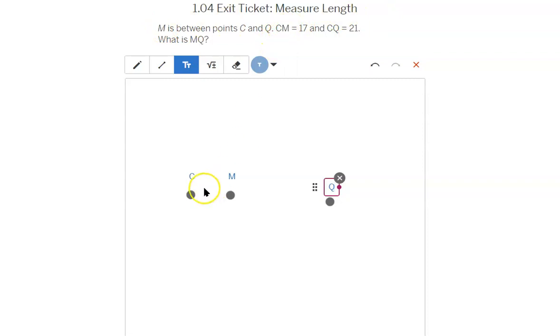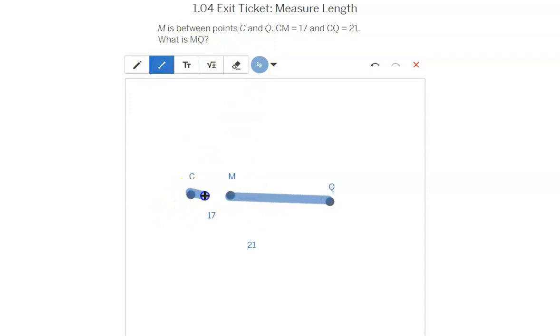It also tells us that the distance between C and M is 17. So let's go ahead and put that 17 units. And the distance between C and Q, that's this entire spot right here. So the entire distance is 21. I want to know what MQ is. So I'm looking for this length right here.